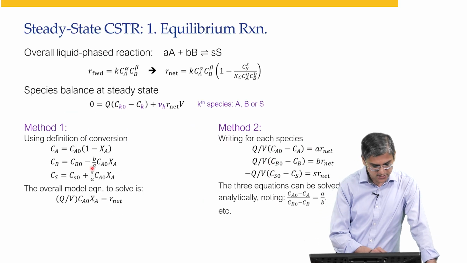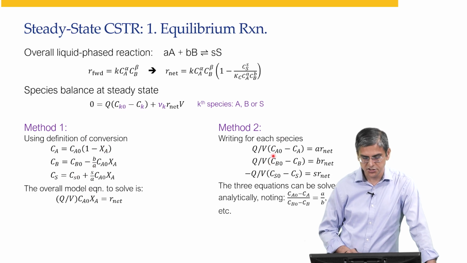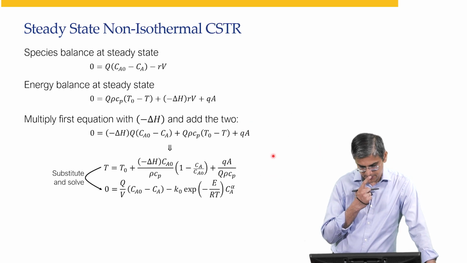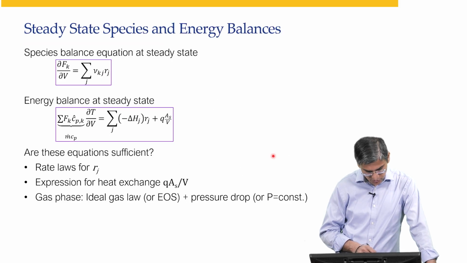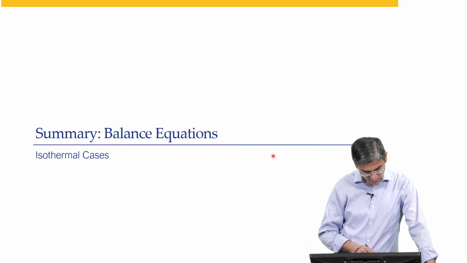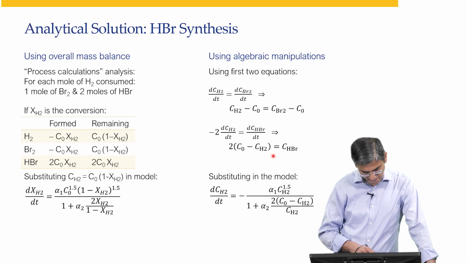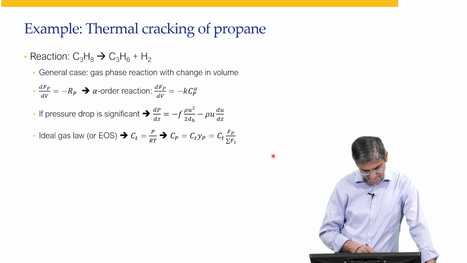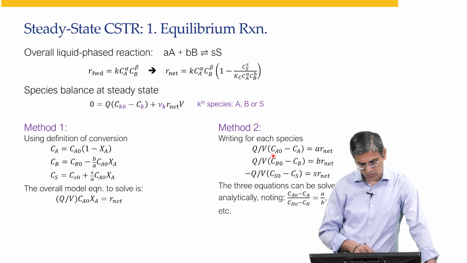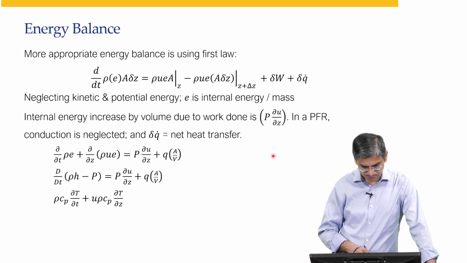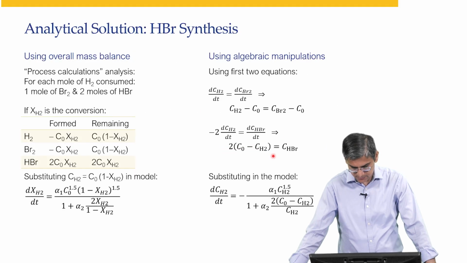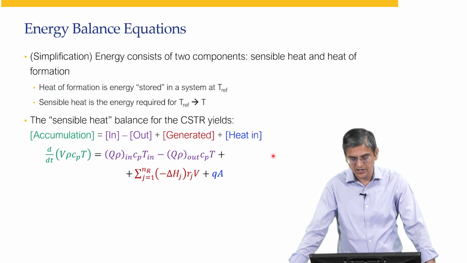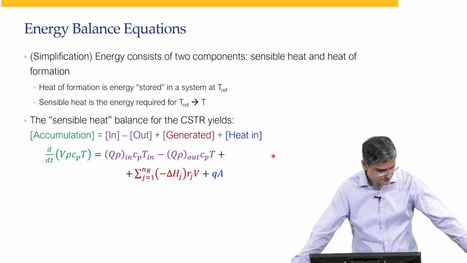Likewise for CSTR, conversion based approach, and so this is the overall derivation. This is just for future reference. This is not something that we have done in module 1, 2, 3, 4, 5a.